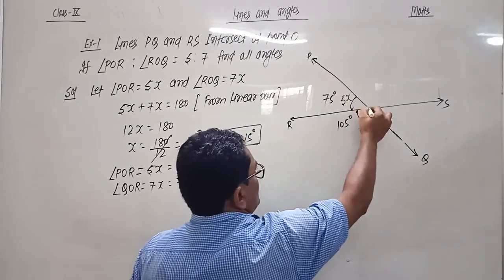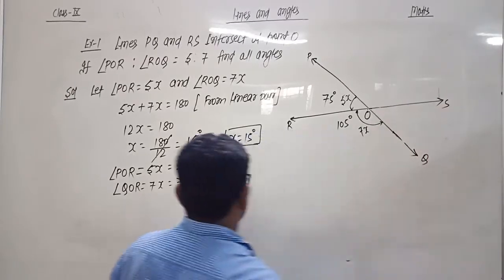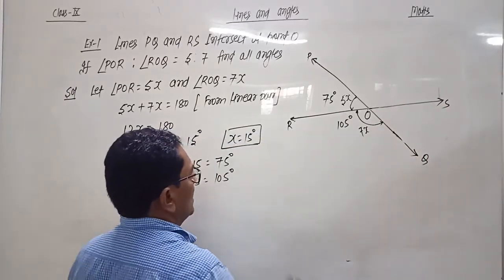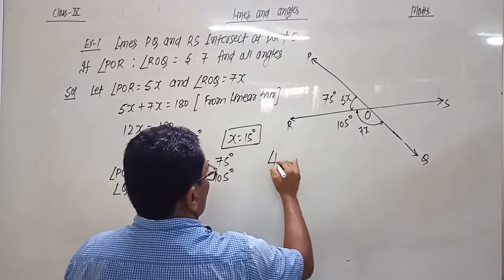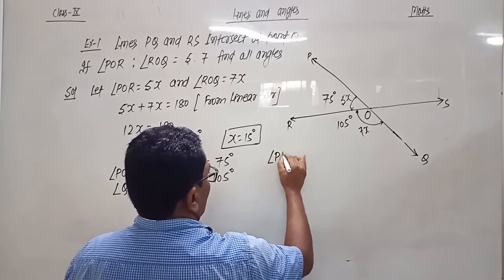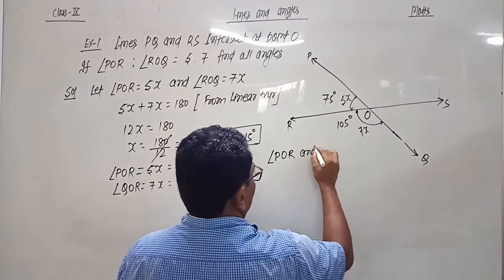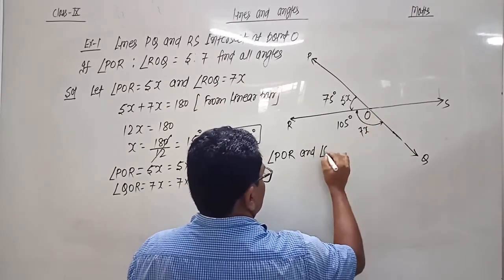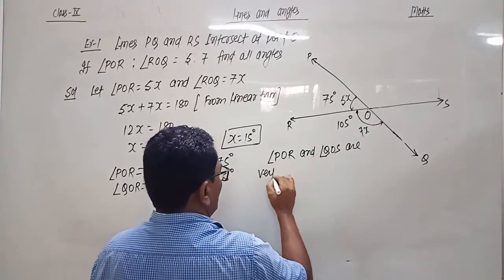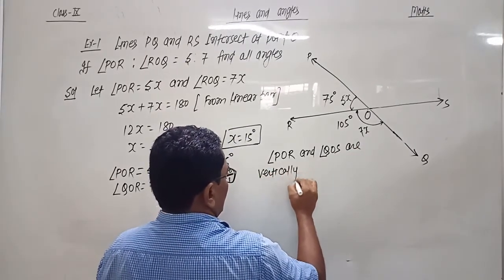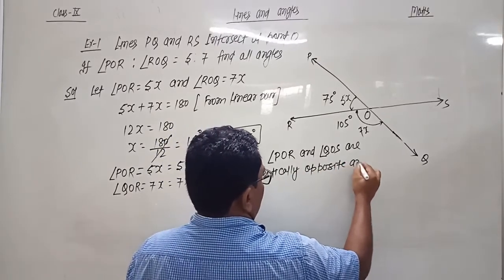Now angle POR and angle QOS are vertically opposite angles.